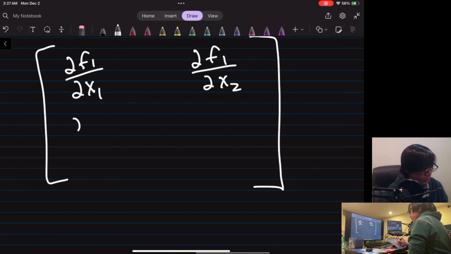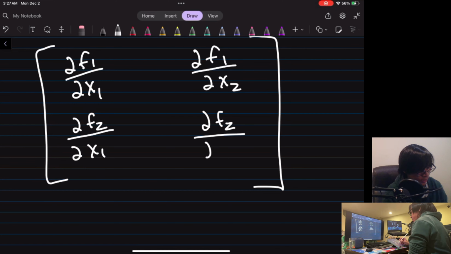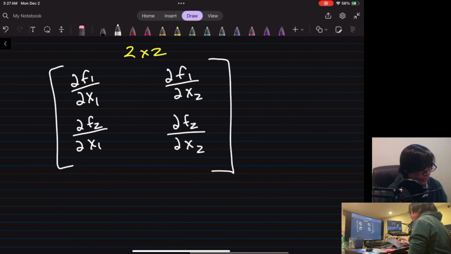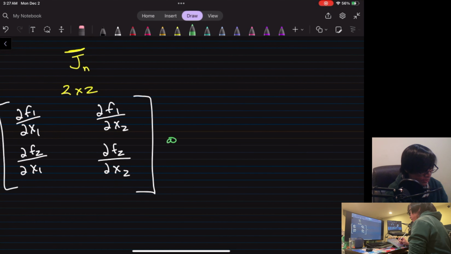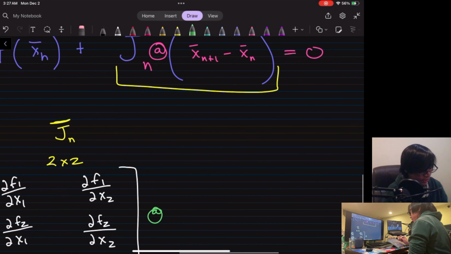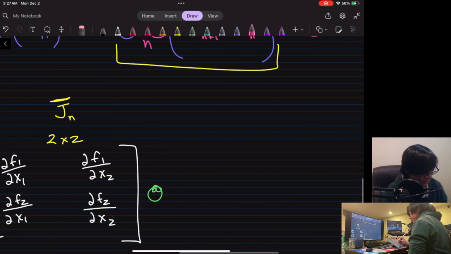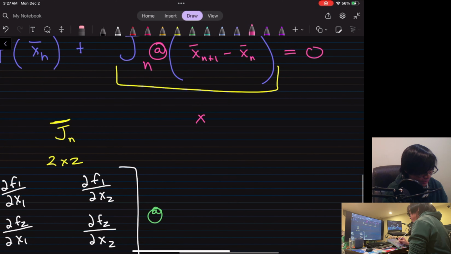Then on the second row, function 2, partial derivative with respect to x1, and then function 2, partial derivative with respect to x2. So this is matrix multiplied against our change of x. I should have just written it under. I don't know why I decided to rewrite, but anyway, I'll rewrite that here.